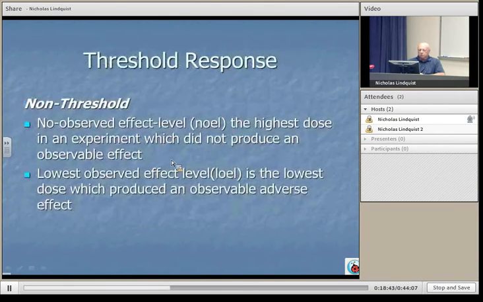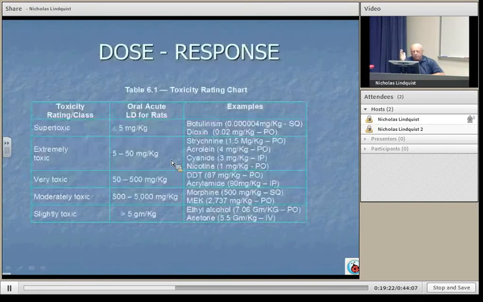We also have the no threshold, where there's no observed effect. Those are usually illustrated on our graphs and charts as NOAEL or NOEL, in this case the no observed effect level. Basically that's depicting the highest dosage that we can expose people to and not have an observable effect. And then you have the lowest observable effect, which is the very first time that we see any kind of effect on our test population.